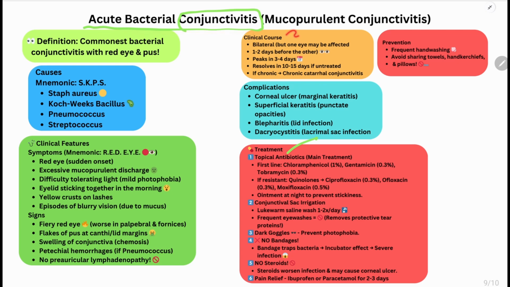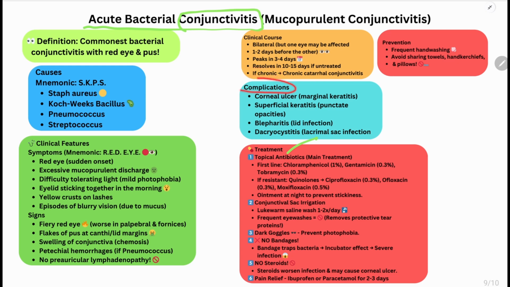Okay, what is the clinical course here? It is bilateral, but sometimes one eye may also be affected, and it achieves its peak in 3 to 4 days, but it resolves by 15 days if untreated. But if it becomes chronic, it will lead to chronic catarrhal conjunctivitis.